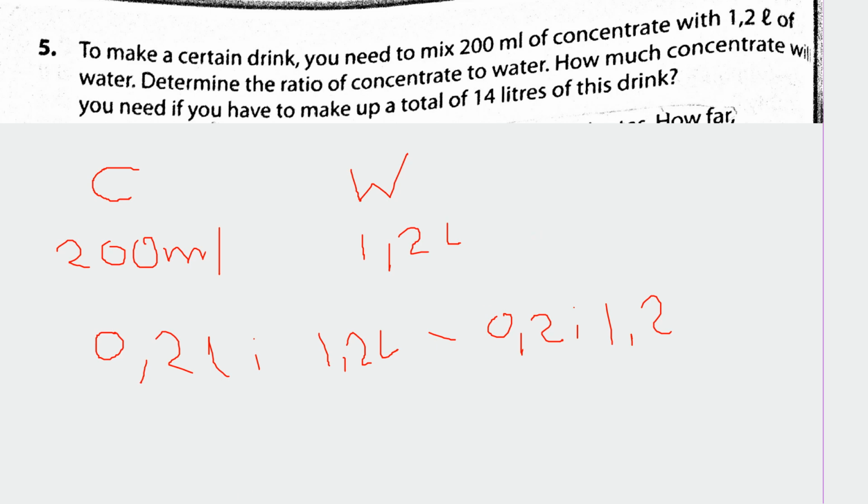Okay, let me just erase here. Okay, so now we have determined the ratio of concentrate to water. So now we basically have to determine what? We have to determine how much concentrate we will need so that we make the mixture of concentrate and water to be 14 liters.